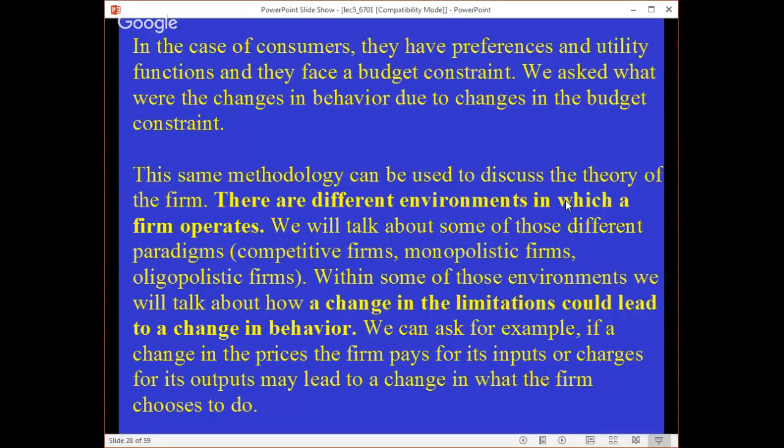Perfect competition, monopoly, oligopoly, monopolistic competition. Within some of those environments, we want to talk about how a change in our constraint, the limitations, could lead to change in behavior. We asked, for example, if the price the firm pays for its inputs changes, how does that change what the firm chooses to do? How does that change the quantity that it chooses to produce, and how does that change the price it charges for its output?